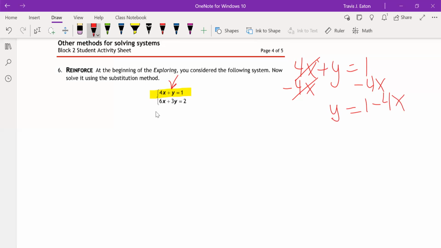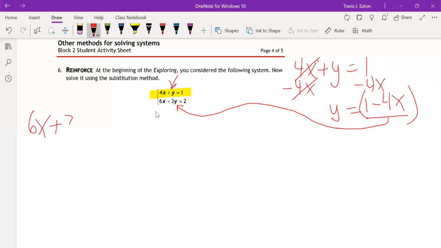So now I know what y is in terms of x. So I can use this anytime I see y in the other equation. I can just say 1 minus 4x and substitute it. So now all I have to do is go, all right, well, that's 6x plus 3 times 1 minus 4x equals 2.